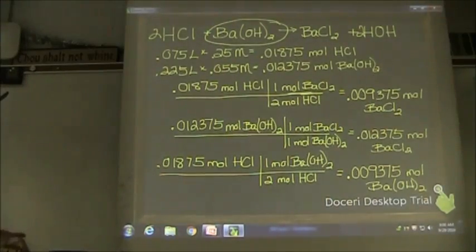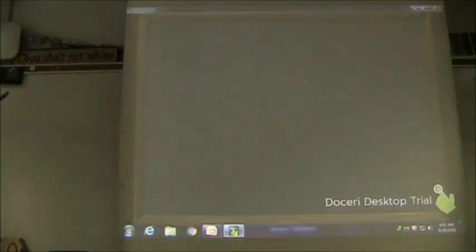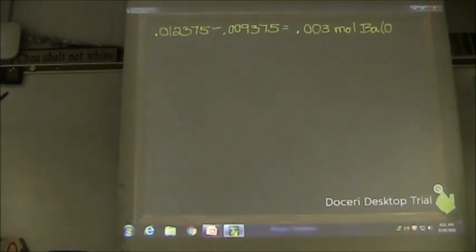So what do I do to find out how many moles remain, are left? Subtract, yeah. Starting versus consumed. Almost there.